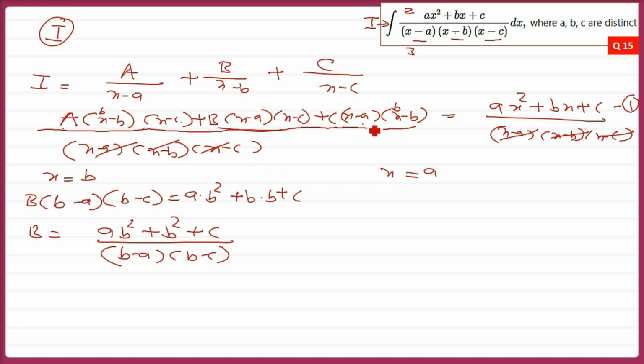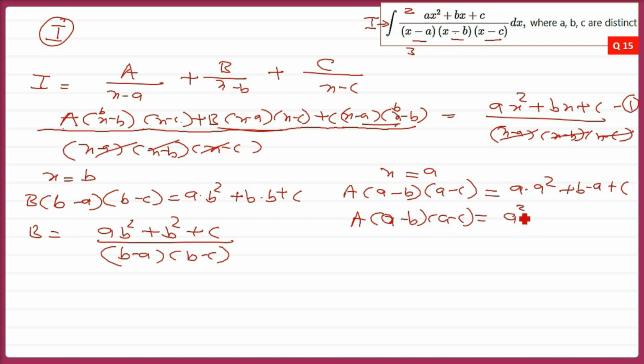When we place x equals a, what are we going to get? Now I'm writing x equals a here. A into a minus b into a minus c will be equal to a into a square plus b into a plus c. Now this will give you what? A into a minus b, a minus c equals a cube plus ba plus c. So A has come like this: a cube plus ab plus c divided by a minus b into a minus c.